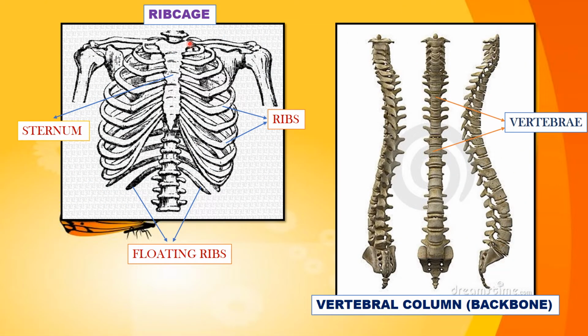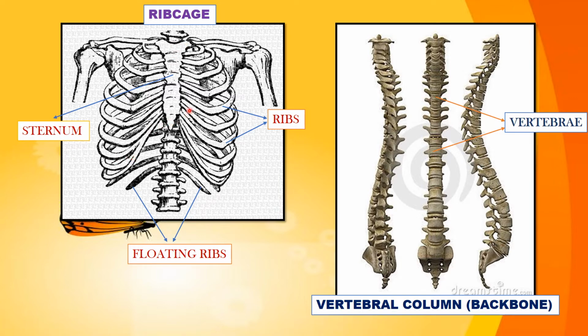Next part of the skeleton is the rib cage. Rib cage is a set of bones that protects our heart and the lungs. It is made up of small strips of bones called ribs. A long bone at the center of the chest is called sternum.